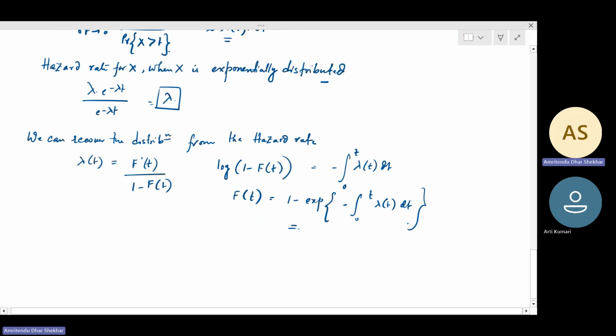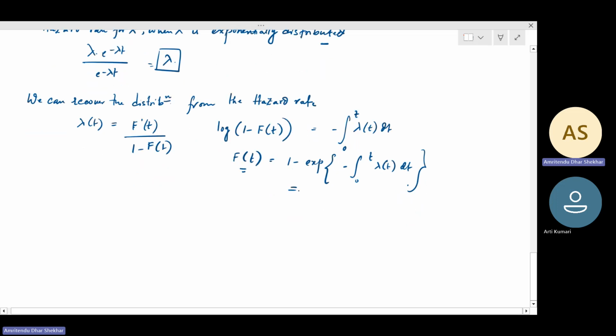So if you know the hazard rate of a random variable, you can get back the distribution function. Now it's a nice theoretical exercise to take a random variable and try to compute its hazard function. So this is an exercise.